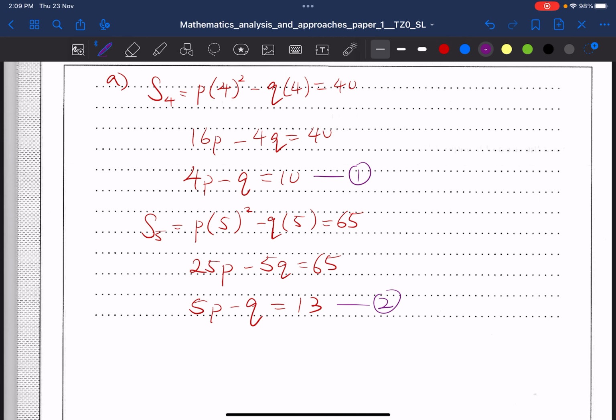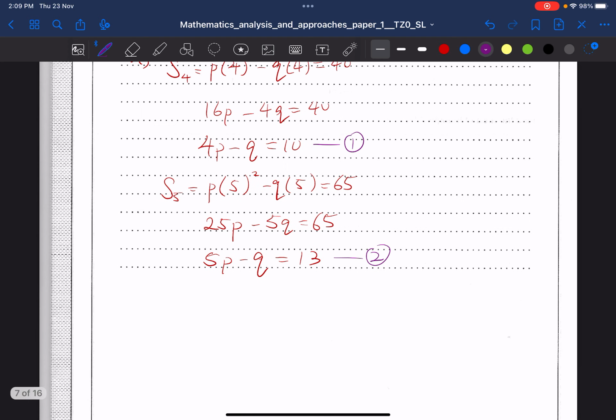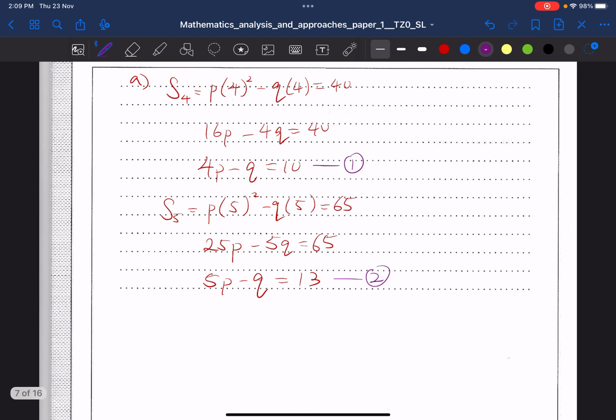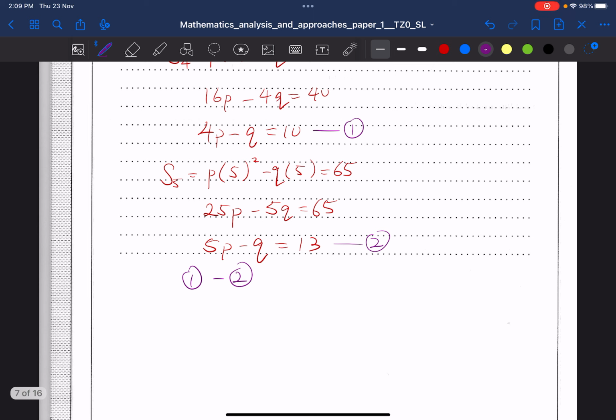Okay, so I think we're just solving this simultaneously. Probably we'll just do equation 1 minus equation 2. Okay, so 4p minus 5p will be negative p, right? Then negative q plus q, so no more.